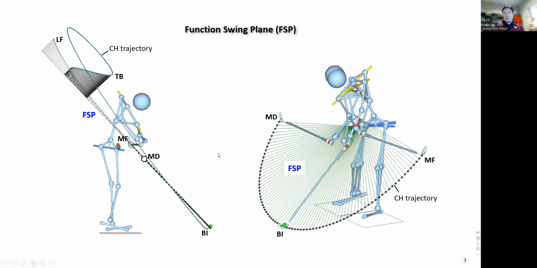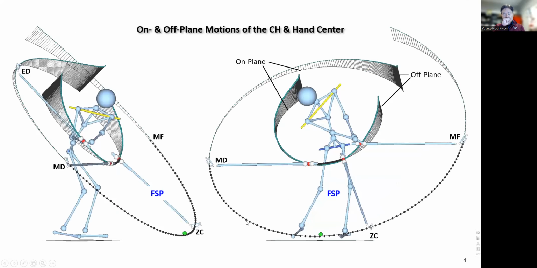Again, remember that the functional swing plane is calculated from the club head trajectory from the mid downswing to mid follow through. The motion of the club head and also the hand center can be divided into two components: the on-plane motion and the off-plane motion.